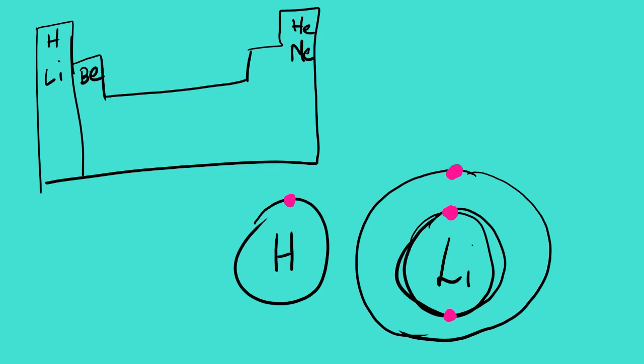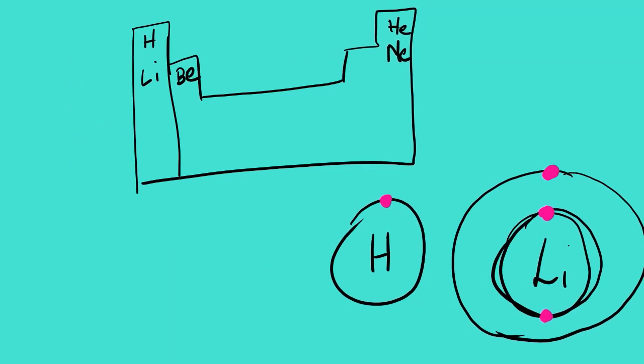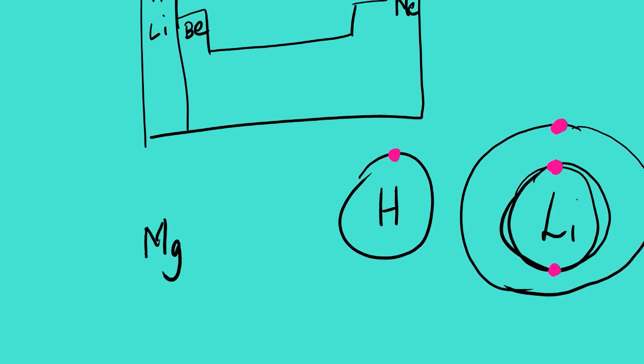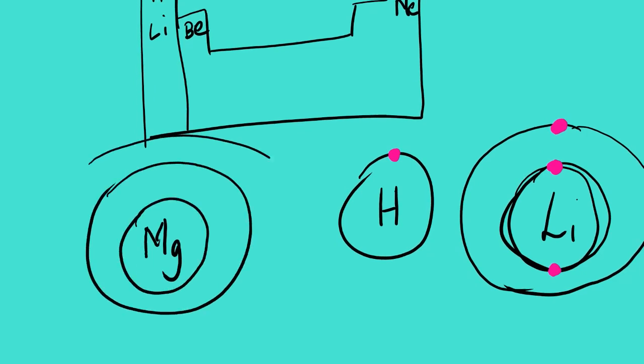Let's go to magnesium. Magnesium is element number 12. It means it has 12 electrons. So we have 1, 2, 3, 4, 5, 6, 7, 8, 9, 10.